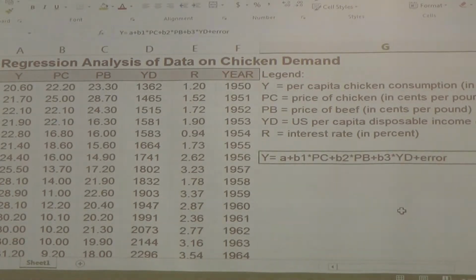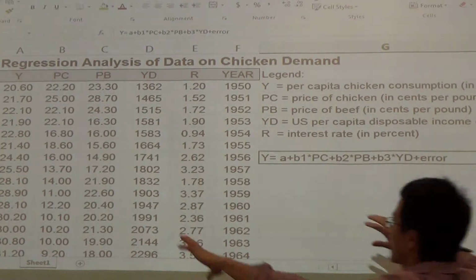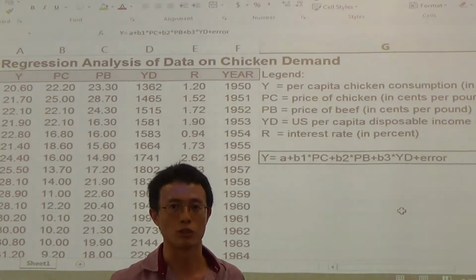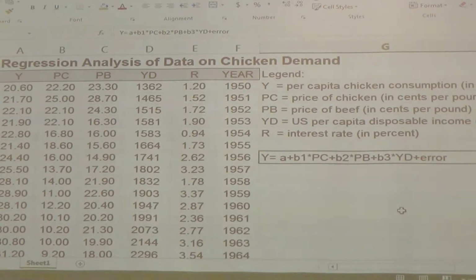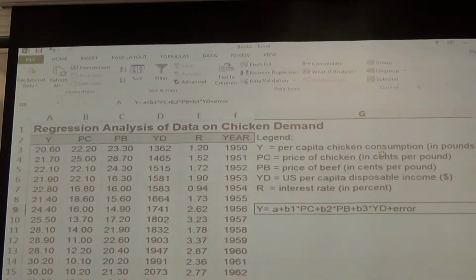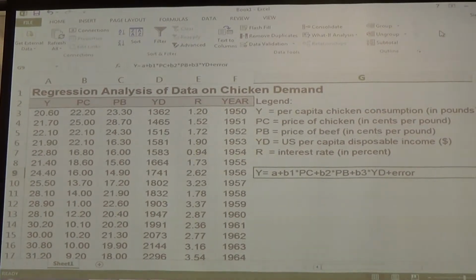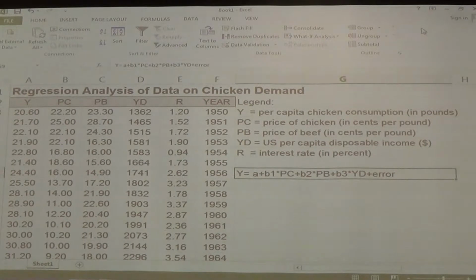We specify the model. We collect data here. So the next step we want to do is to estimate these equations. Okay, how? I'm going to show you how. Okay, here's the Excel. Go to Data. Depending on your setup of Excel, if you already set it up, there should be an option of Analysis here.